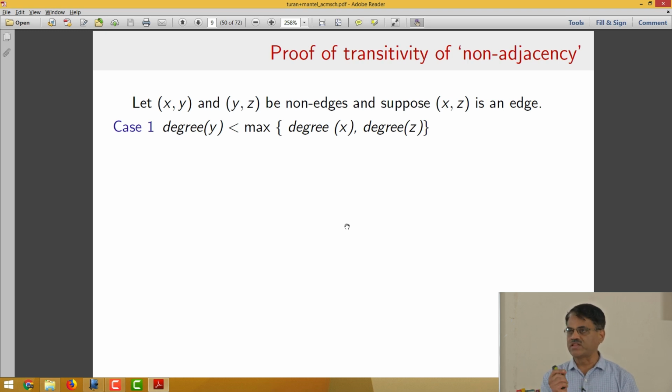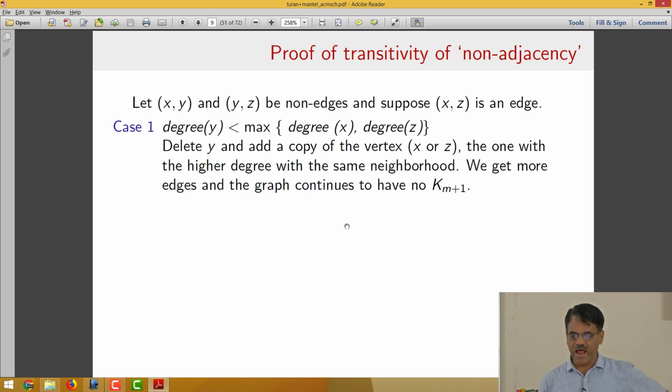There are two cases. So xy is a non-edge, yz is a non-edge, and xz is an edge. Suppose the degree of y, the middle vertex, is strictly smaller than the max of the degrees of these two guys. Then I would argue the following: remove y and replace it by whichever of x or z has the higher degree. What does replace mean? I just use the neighbors of that x or z for my y.